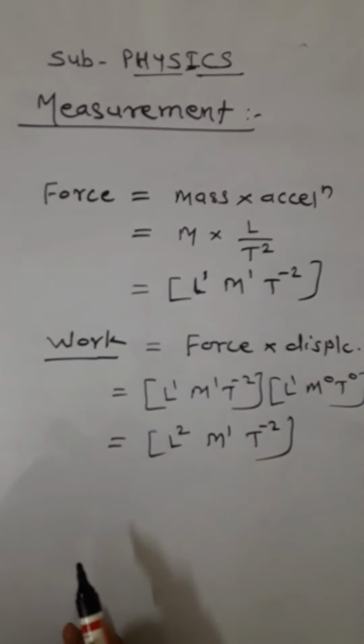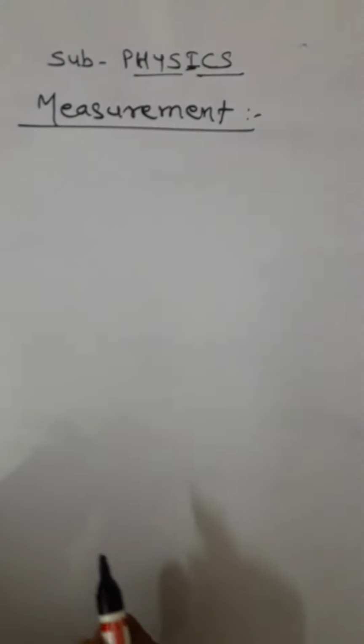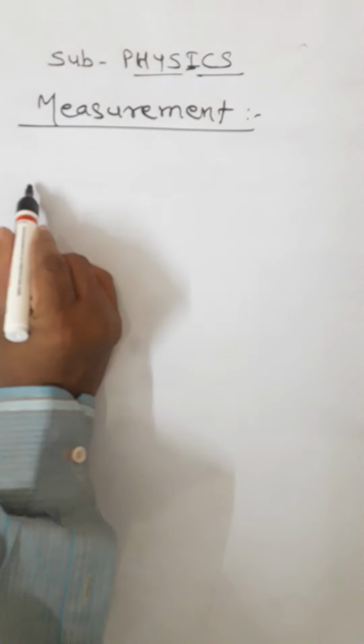Okay, then we can take a lot of physical quantities and find out the dimension. One more important quantity is the momentum. Next term is the momentum.